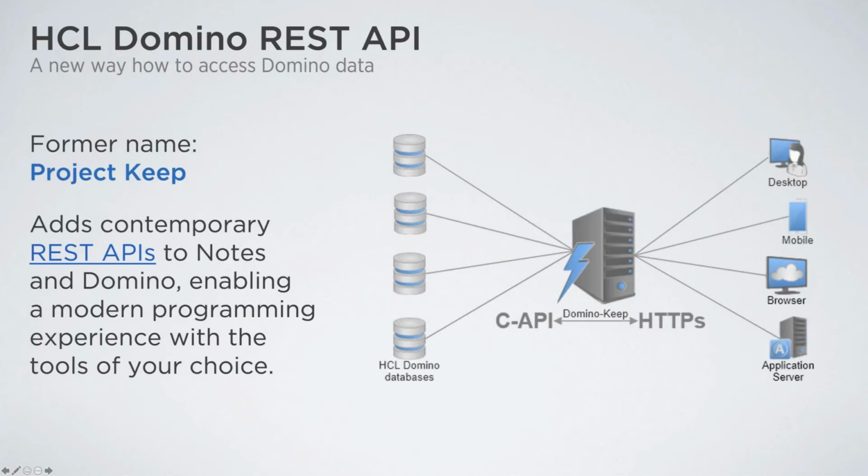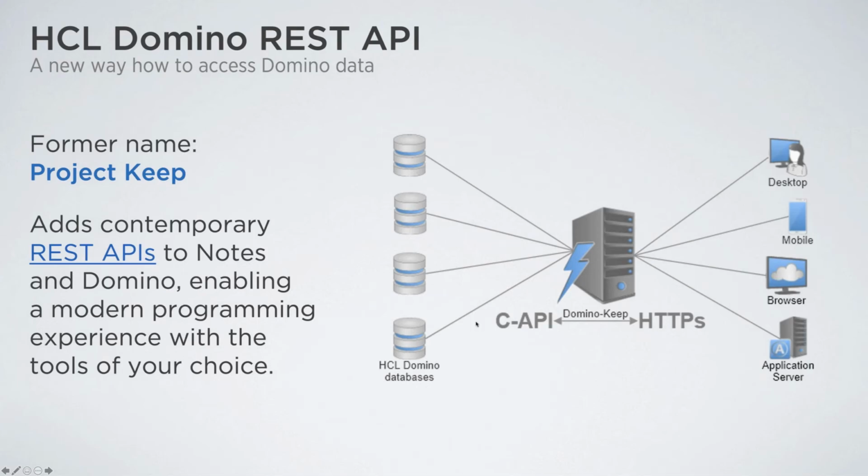It is like a middleman. It's a tool that, on the left side, this is Keep, connects to Domino databases, to Domino NSF, using the well-documented, well-settled and mature C API.